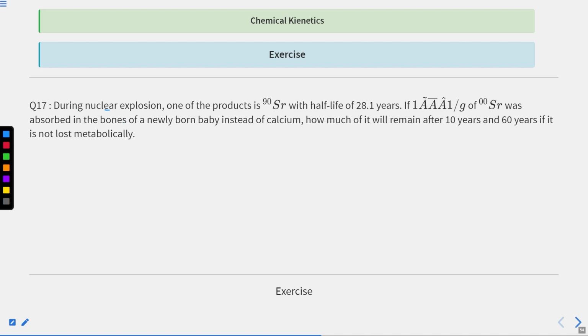It says that during nuclear explosion, one of the products is strontium, which has a half-life of 28.1 years. Sorry for this, this is 1 microgram. Now 1 microgram of this strontium-90 was absorbed in the bones of a newly born baby instead of calcium. So how much of it will remain after 10 years and after 60 years? Very simple question.